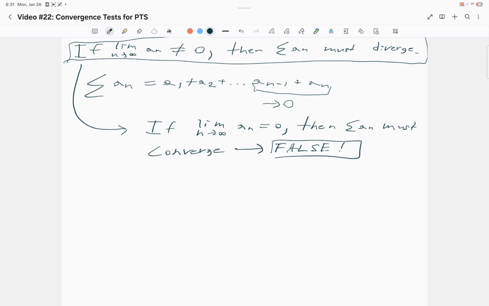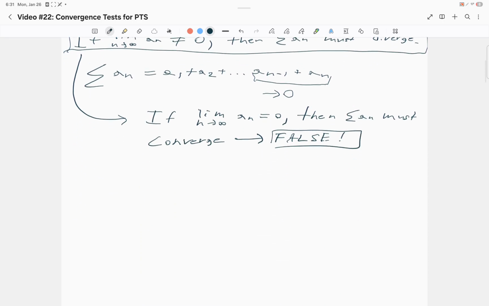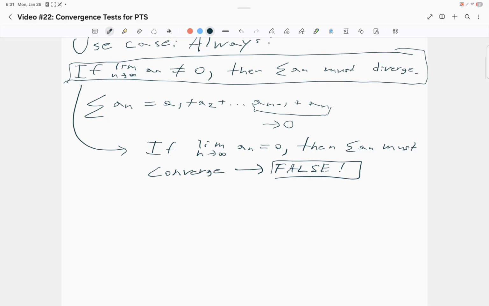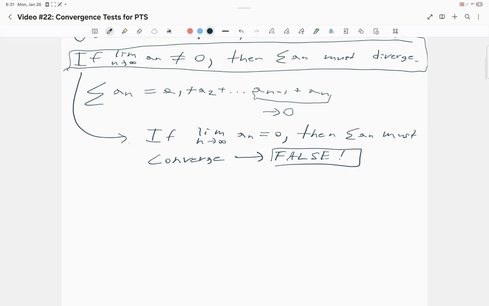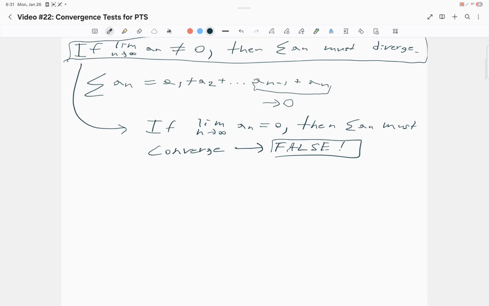But if it converges, it has to. You kind of see what I'm getting at here. I hate to confuse you more than I already am at the start of the video. But that's the nth term test. Don't negate the statement, it's not going to be true. If it equals 0, then it must converge. That's not true. Okay, enough stumbling over my words.